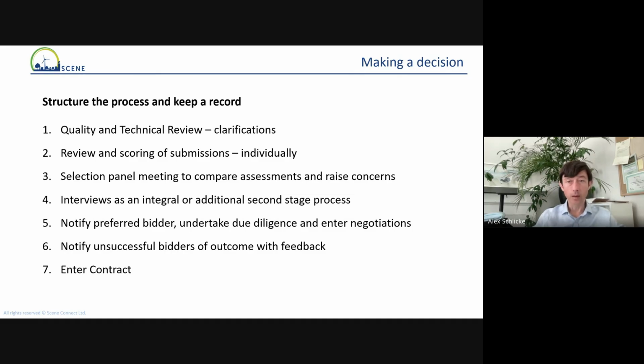It's like picking a business partner. You don't want to be working with someone you can't get along with. So these are things that need to be considered in the process. That's the general overview of the governance and procurement.